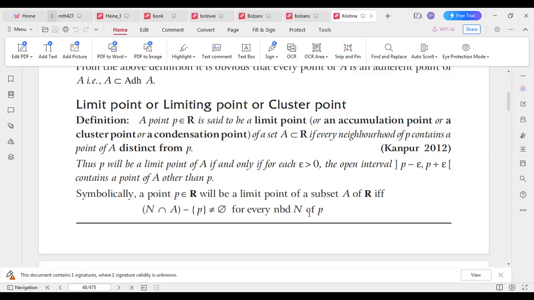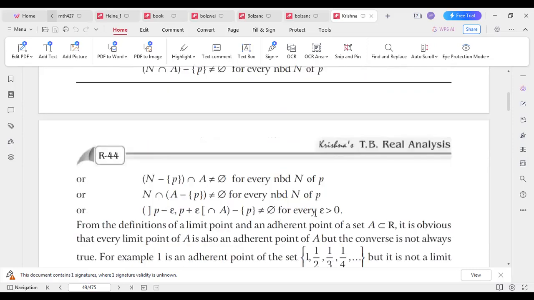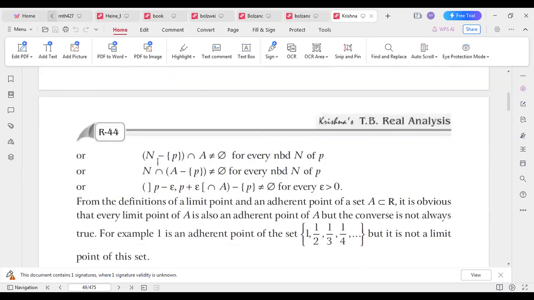So for every neighborhood N of P, the set (N minus P) intersection A is non-empty for every neighborhood of P. In that case, the open interval intersected with A minus P is also non-empty for every epsilon greater than 0.